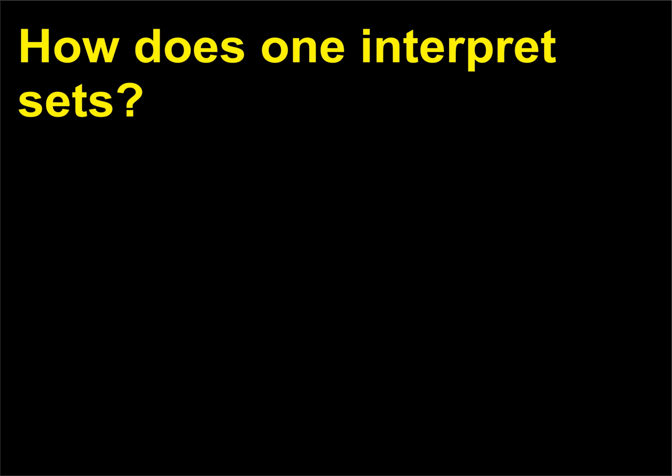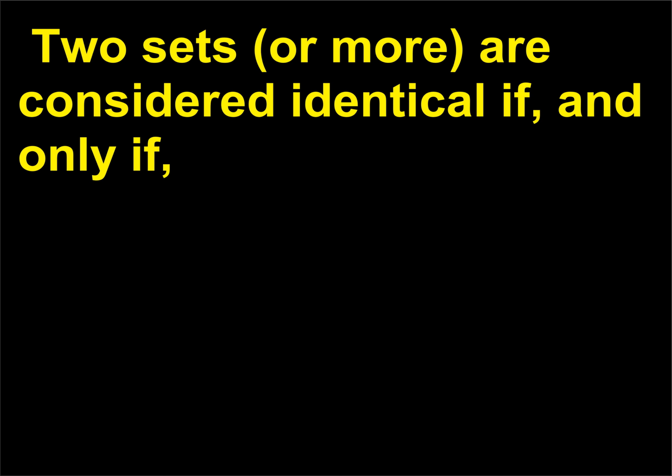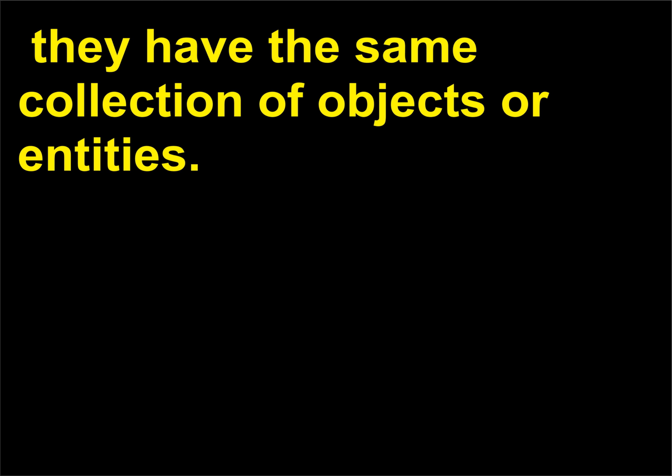How does one interpret sets? There are several ways to look at sets. Two sets, or more, are considered identical if, and only if, they have the same collection of objects or entities.